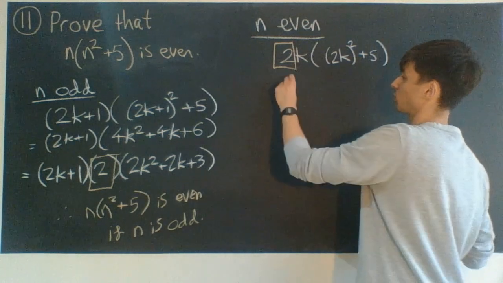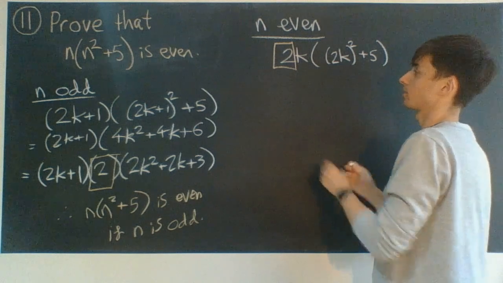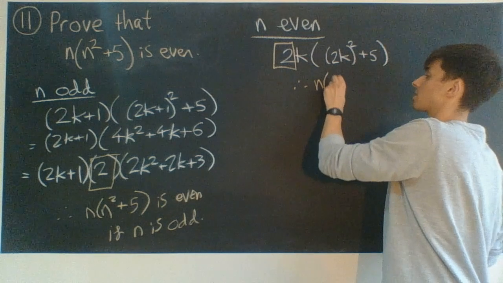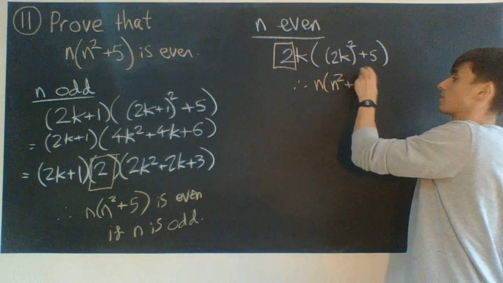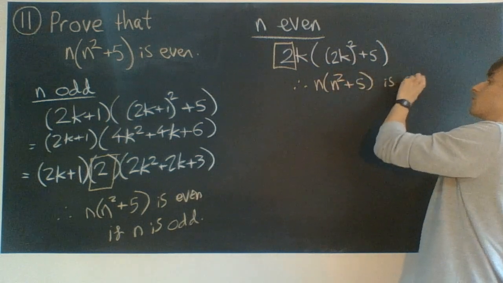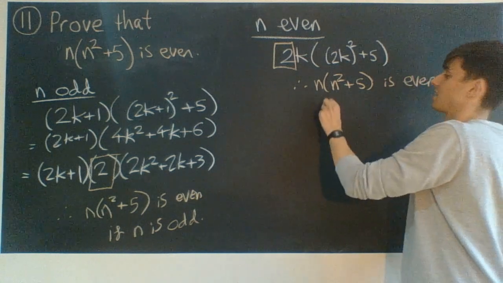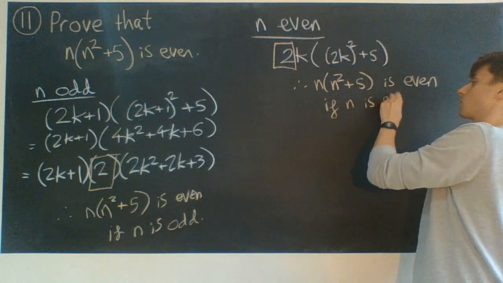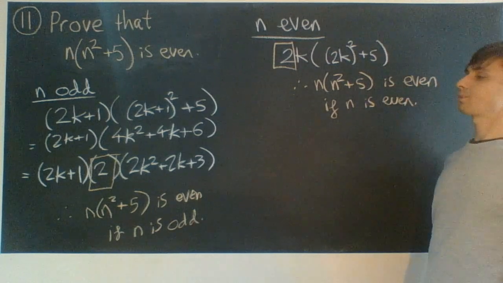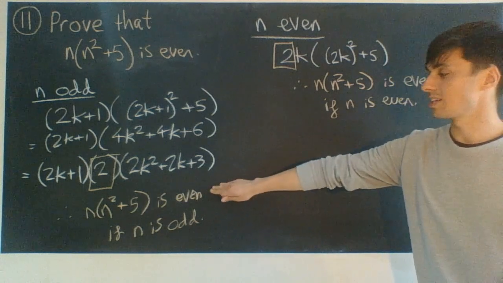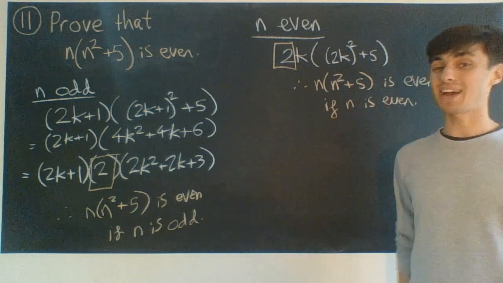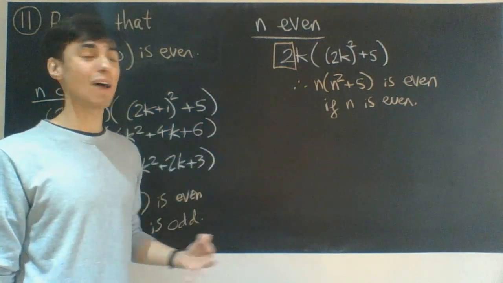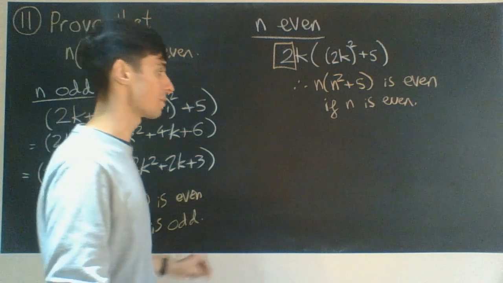So we can again conclude, I'll do it in this colour, therefore n(n squared plus 5) is even if n is even. So at this point we've showed it's even if n is odd, and it's even if n is even. A good habit though to finish off our proof is just to say, therefore it's true for all the natural numbers.